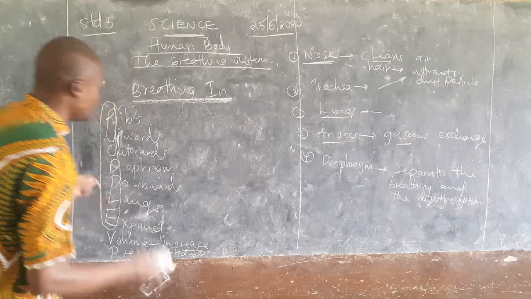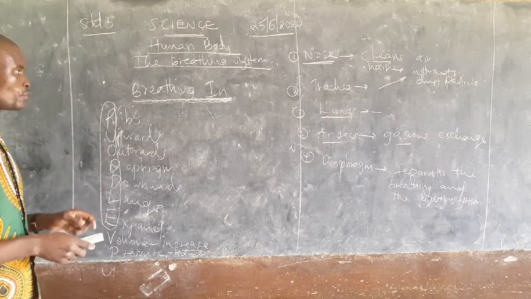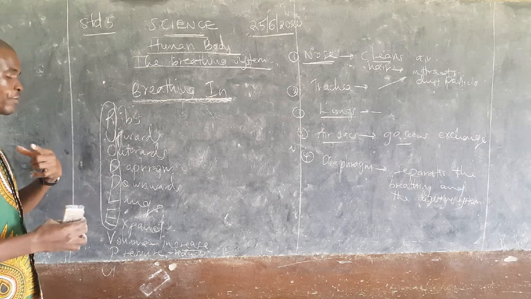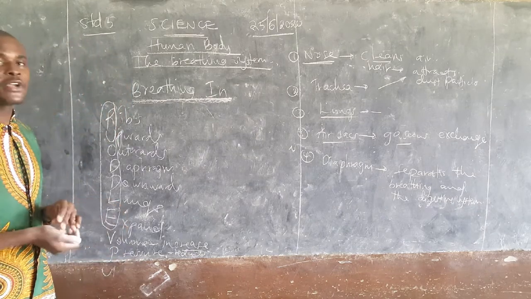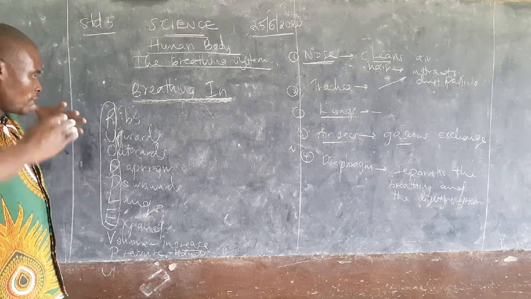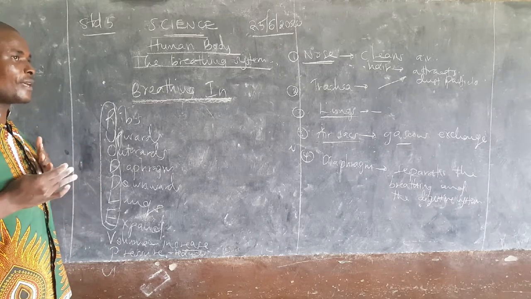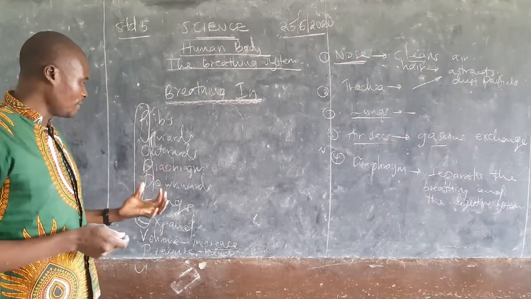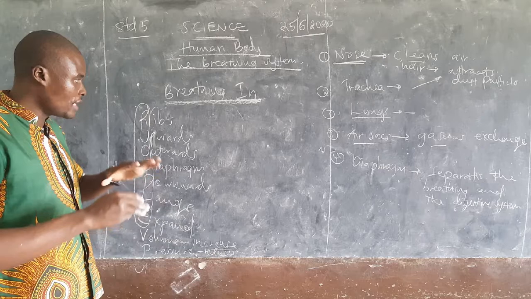So that is what entails that, and I drew it here for you to see what happens when you breathe in. You can as well feel it. Just try to breathe in where you are. You'll feel that the ribs move upward. They don't move downwards. When you breathe in, they move upwards and outwards at the same time, and the diaphragm moves downwards.